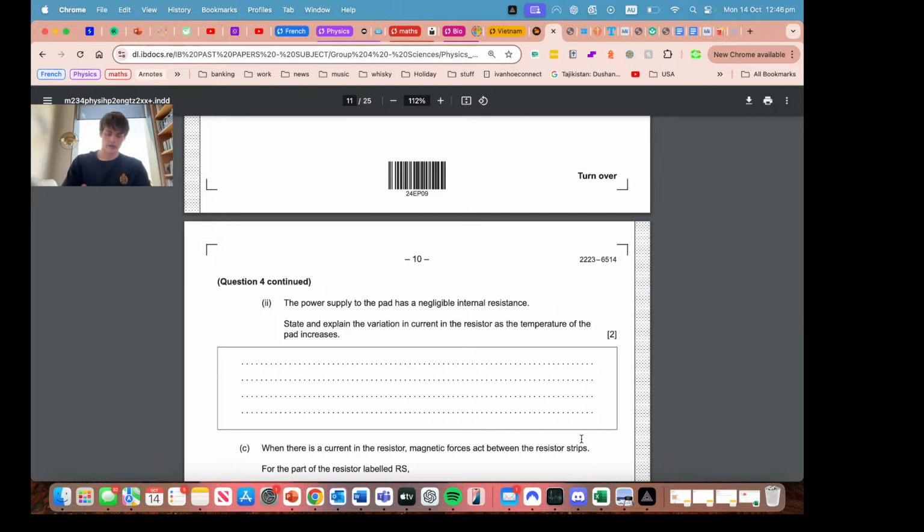The resistor is now connected between A and B. Let's go back and see A and B. State and explain the reason why the peak potential difference across X, Y will be smaller than the EMF you calculated. Okay.